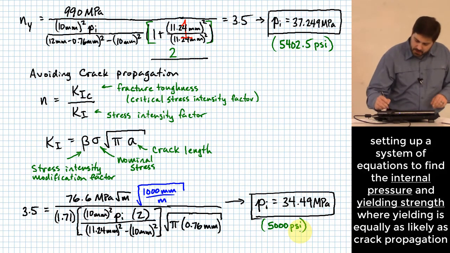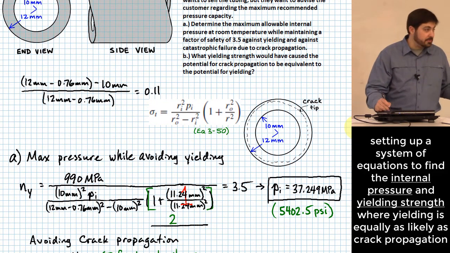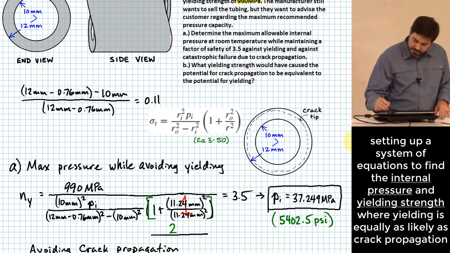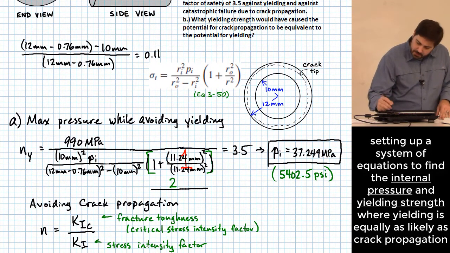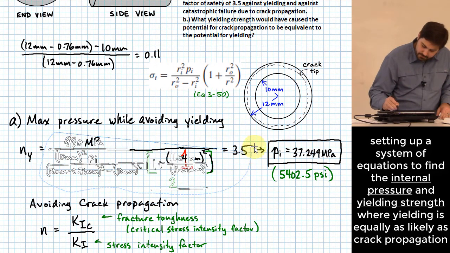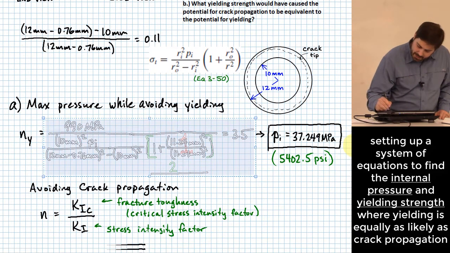Okay, so what we need to do is, it's also going to happen at a different pressure, right? We're not necessarily going to have the same pressure once we set that strength value to something else. Think of this equation up here, the one we started out with. What if we rewrote it? I'm going to copy it, but now I'm going to rewrite it.